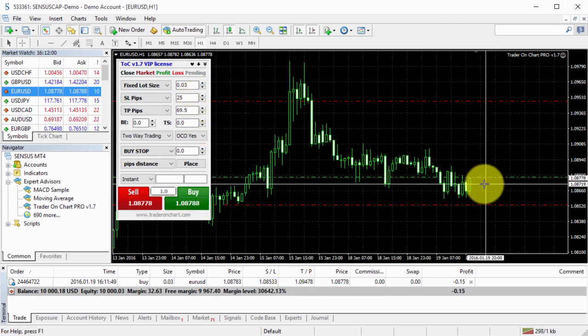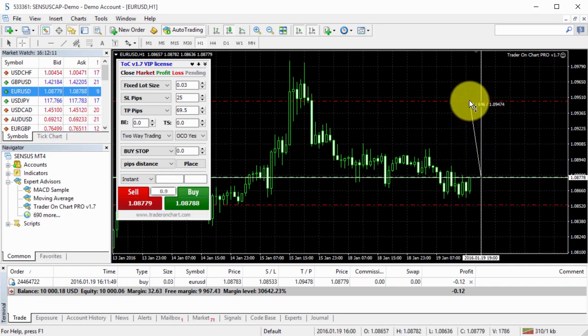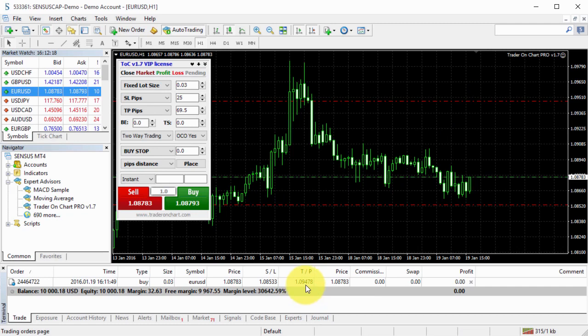I could try to measure it with my mouse right here. Yeah, it's about 25 pips stop loss, and my measurement is not that exact, but yes, the take profit is at 69.5. You can do the calculation from these numbers right here.